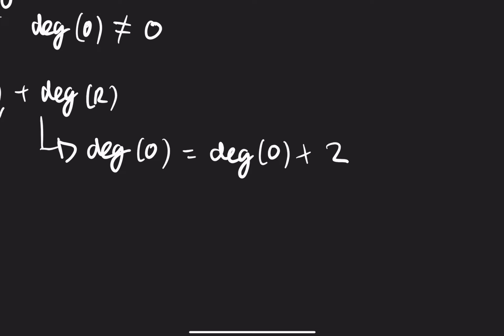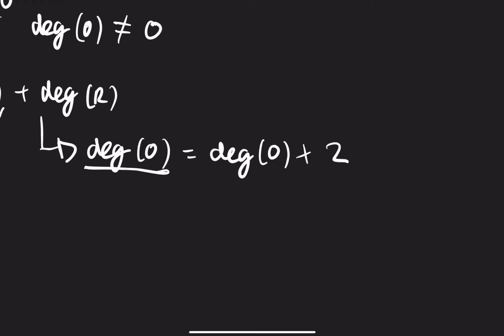So essentially, we need to assign some value to the degree of 0 such that when we add something to the degree of 0, it's still equal to the degree of 0, and no normal number can do that. So have a think for a second as to what it could be.